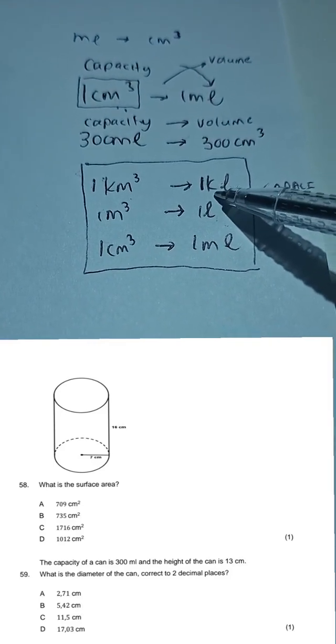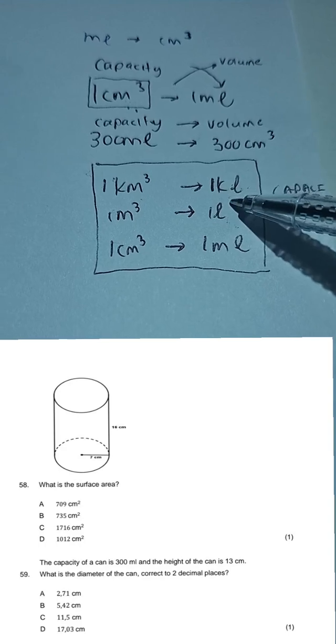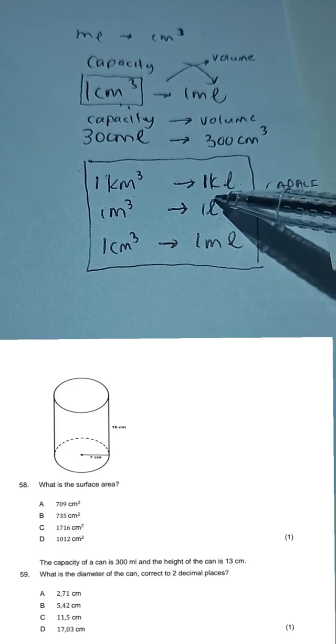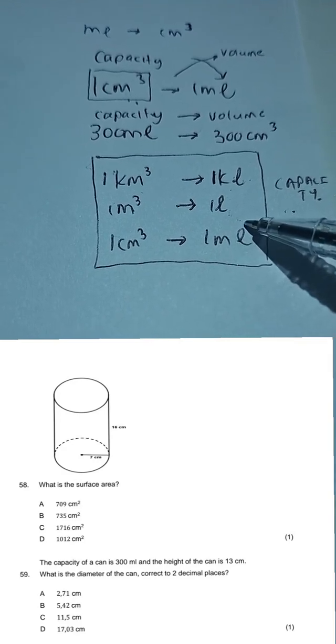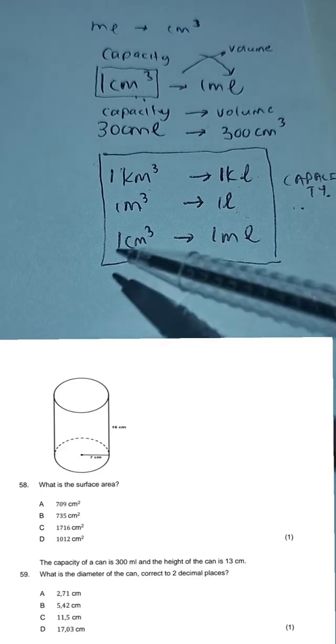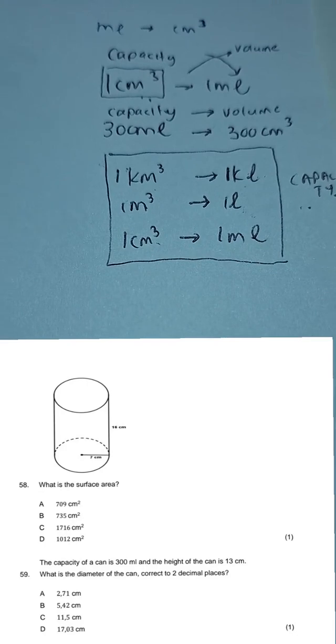If we are given the capacity in liters, then we know that 1 liter will be equal to 1 meter cubed. If we are given the capacity in milliliters, then we know that 1 milliliter is equal to 1 centimeter cubed.